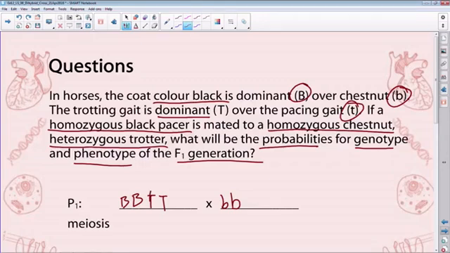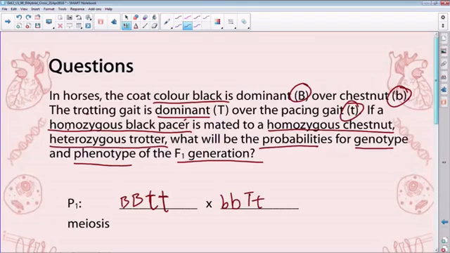You need to know that that one has to be small t's. Why is it small t's? Your trotter is your dominant, and your pacer is your recessive. So your heterozygous trotter would be capital and small. That is the genotype of your parents.